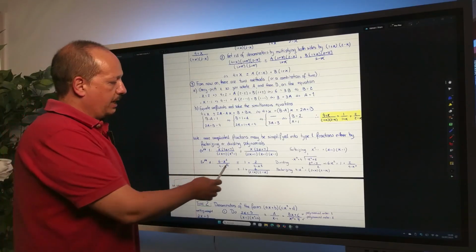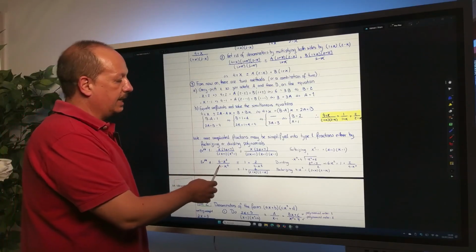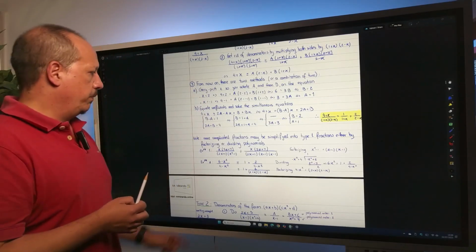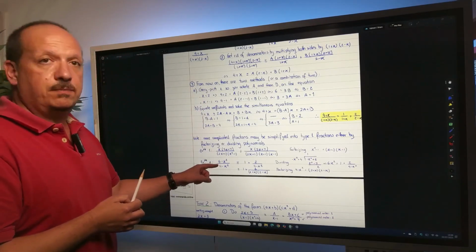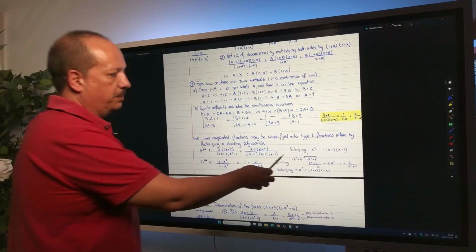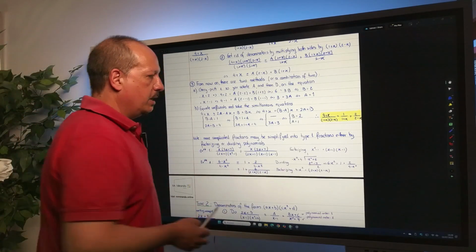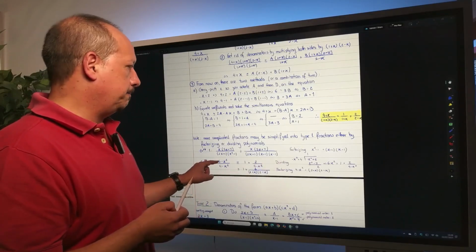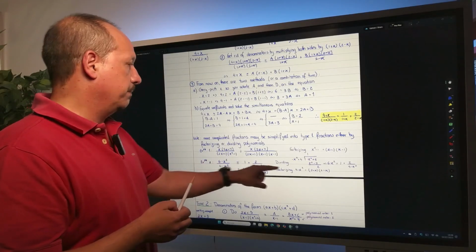Let's say that you will have something like this. This doesn't look at all like a type 1 fraction. So what do you do? You have to divide this by that, and you know how to do that. I just made the calculation here, okay? And what do you have?